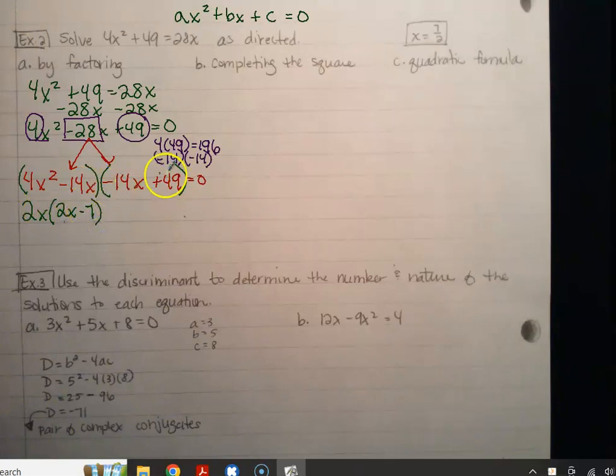Now let's look at the next two terms. Negative 14x plus 49. What can I take out of those? Common factor is going to be minus 7 because we'd like to get rid of this negative number. So I'll take the negative out. Negative 14x divided by negative 7 leaves me with 2x. 49 divided by negative 7 is going to leave me with negative 7, equals 0.